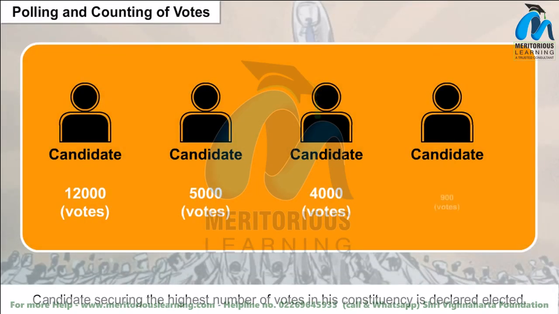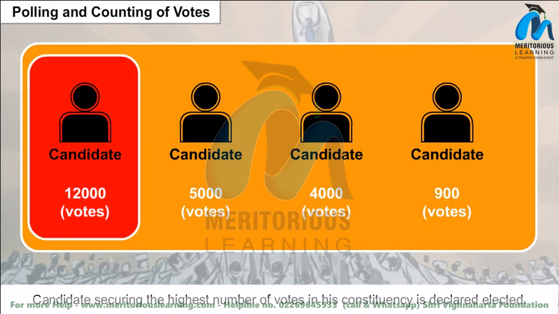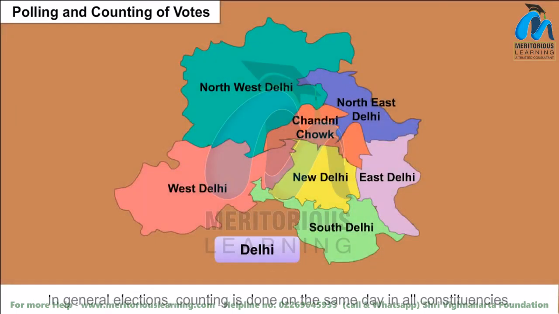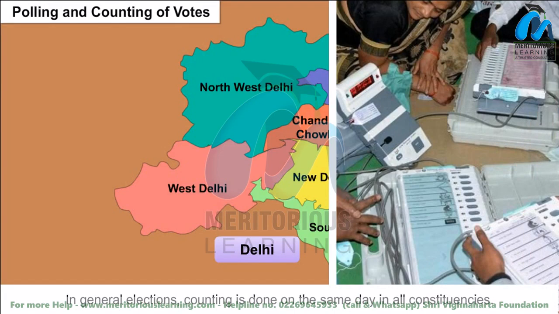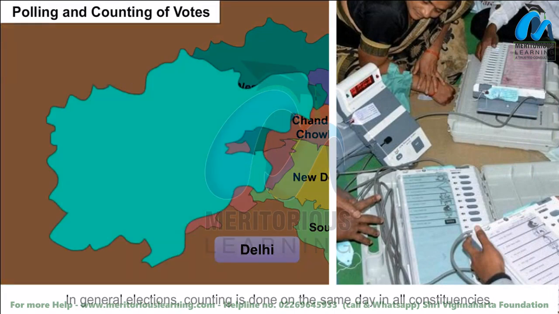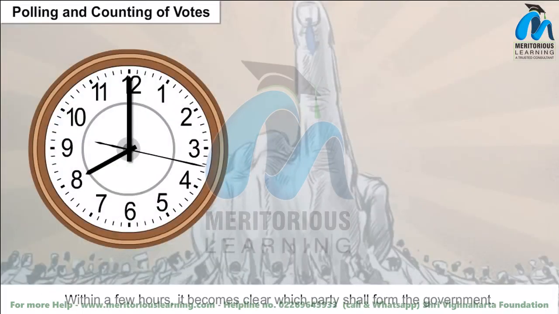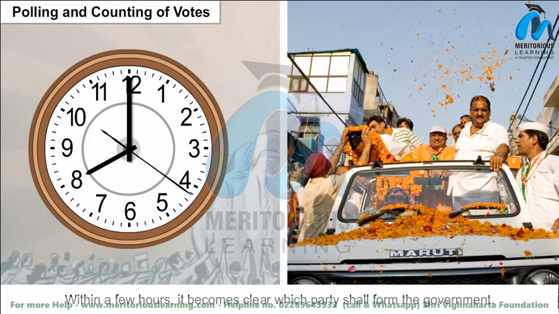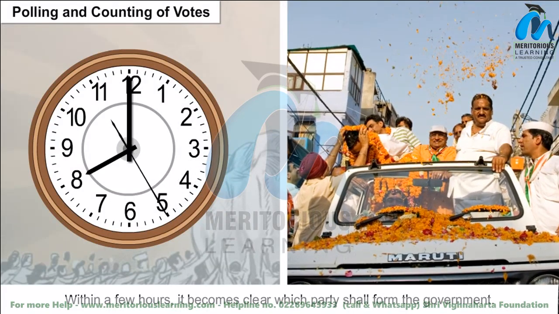Candidate securing the highest number of votes in his constituency is declared elected. In general elections, counting is done on the same day in all constituencies. Within a few hours, it becomes clear which party shall form the government.